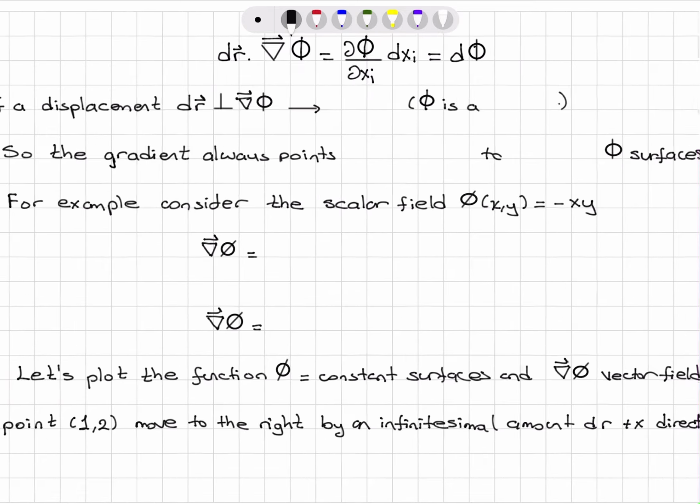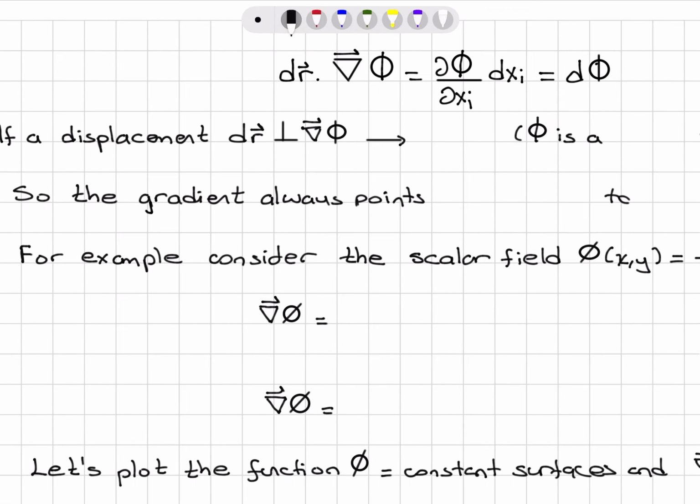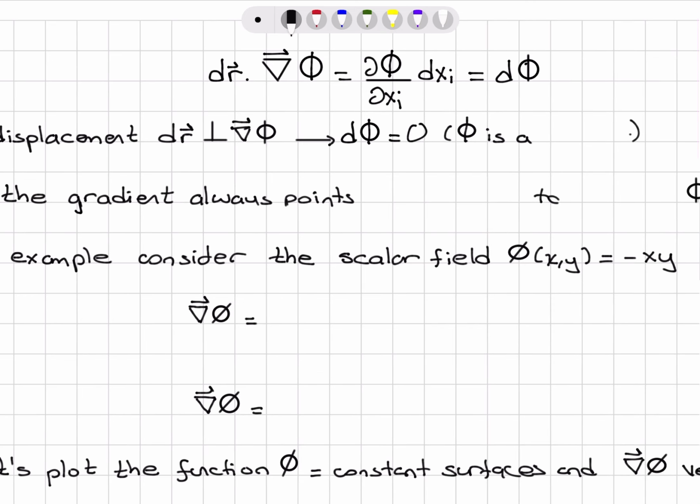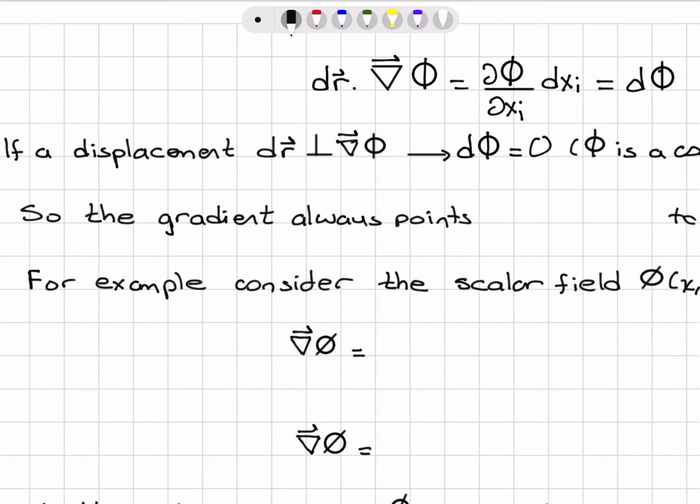All right. And what happens if our incremental displacement is perpendicular to the gradient? Then d phi, because the dot product will give us cosine 90, which is 0. D phi is 0. That means phi is a constant. So if we go perpendicular to the gradient, we find the phi is equal to constant surfaces.